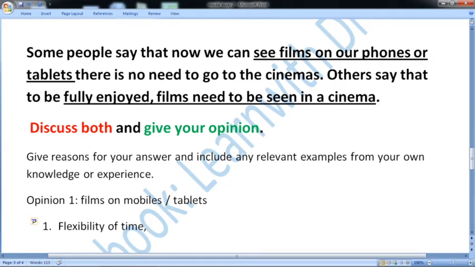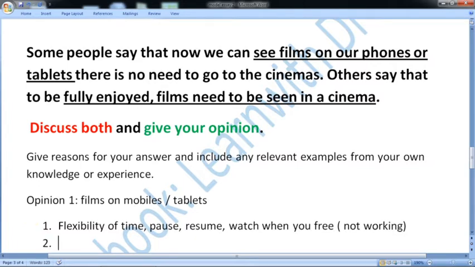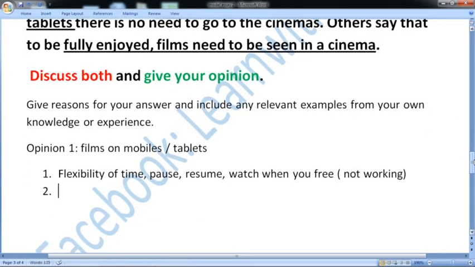You can watch some part, you can pause, you can resume, and you can watch when you are free or you are not working, etc. And next, what can be the benefit, why it is better to see films on mobiles than in a cinema.